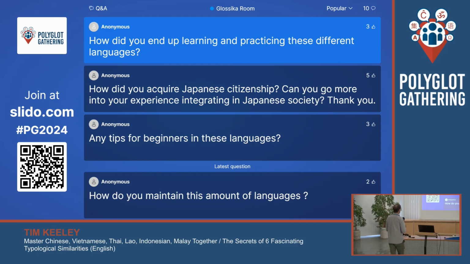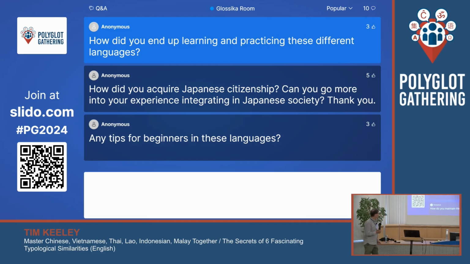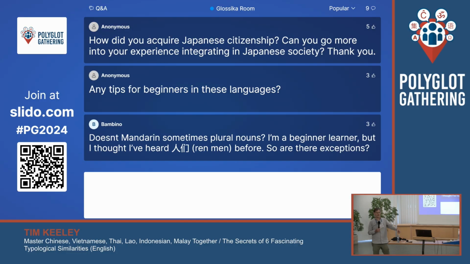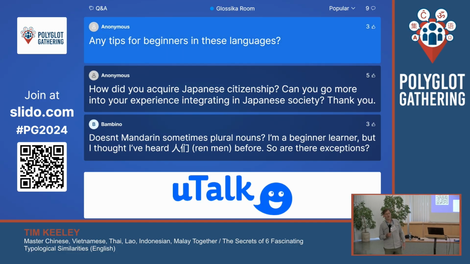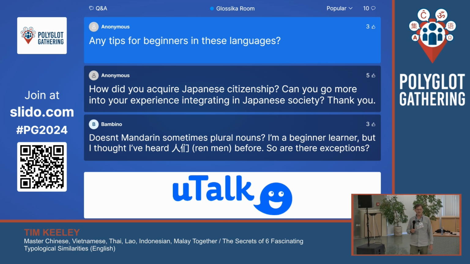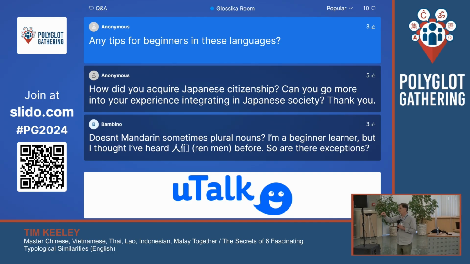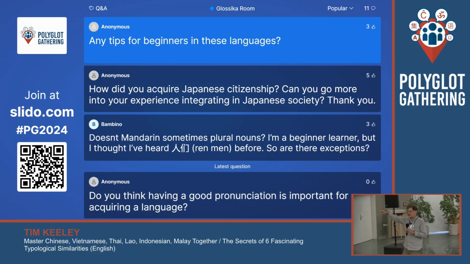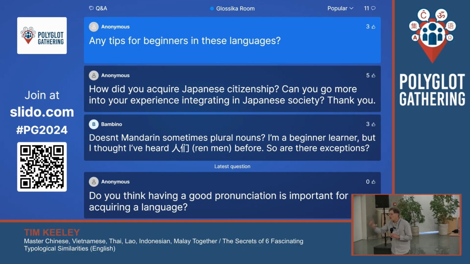Any tips for beginners in these languages? Well, it depends on all these languages. If you're talking about this set here, which one should you start with? You should start with the one you're most interested in. If you go to Chinese, then maybe you're going to learn how to read pinyin first instead of the characters, right? If you study Thai first, do not try to learn with the transliteration.